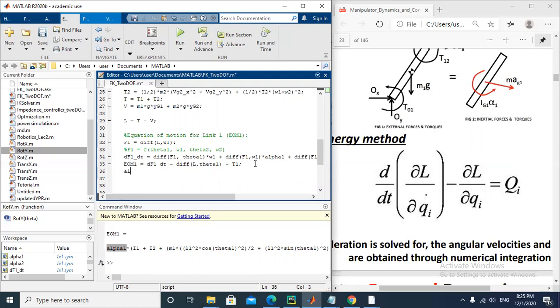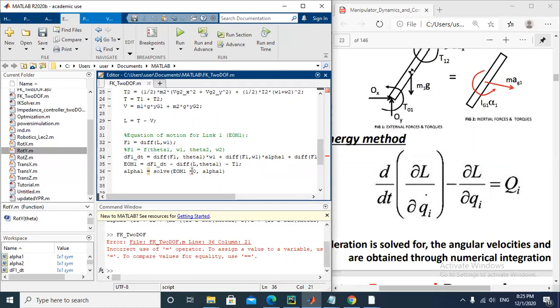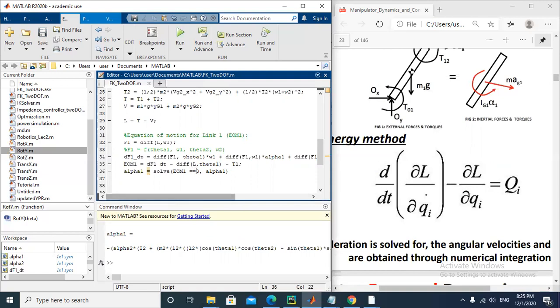So here I can solve for alpha 1. I will solve EOM1 for alpha 1, so MATLAB will solve EOM1. This is like that. I think this will also work. Or no? How about this? Okay, yeah. This is the same result as solving this equation of motion for alpha 1.